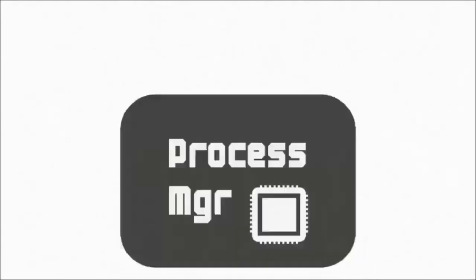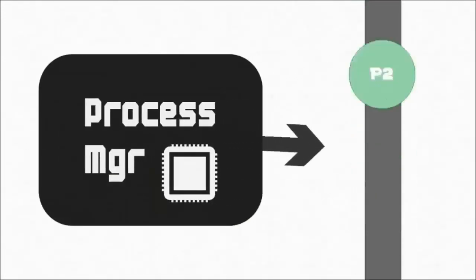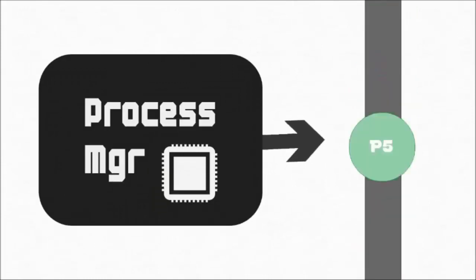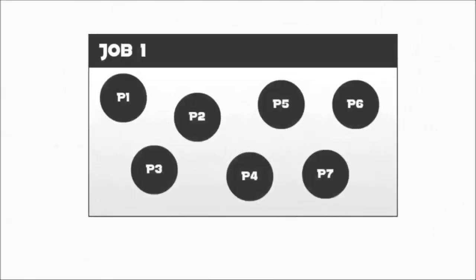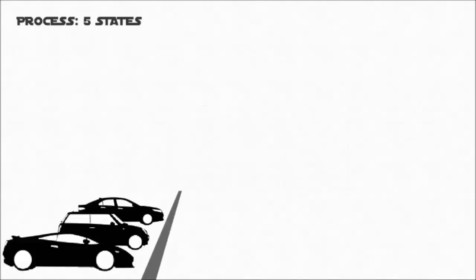It is necessary that the process manager keeps track of the status of each process. It has to handle the jobs as they enter into the system, and manage each process that is associated with those jobs. Any process has 5 states in its lifetime: hold, ready, run, wait, finish.